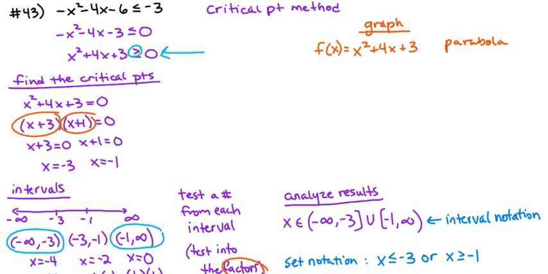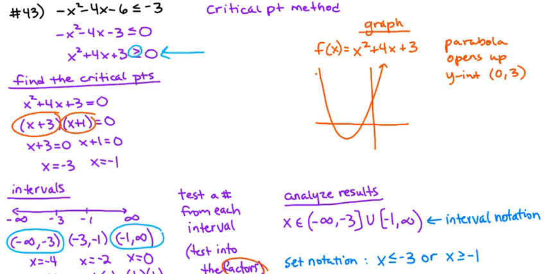We know it opens up because the leading coefficient is positive. And we know it has a y-intercept of 0, 3. So that looks something like roughly this. We also know from the previous work that there's an x-intercept at -3 and an x-intercept at -1.